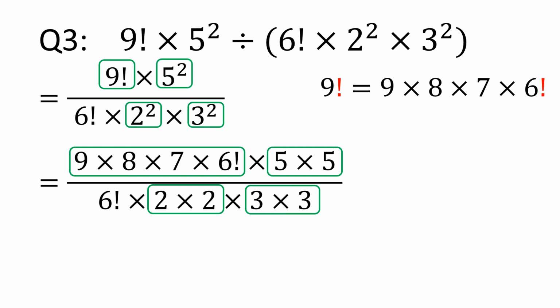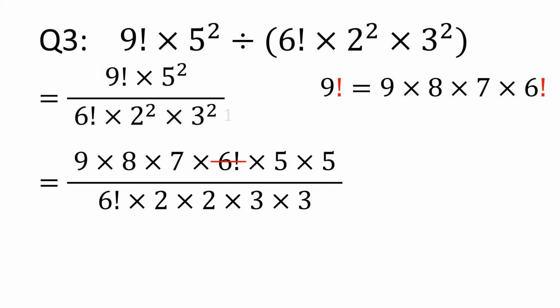Now we cancel the numerator and the denominator. Cancel 6 factorial in the numerator and the denominator, and they will become 1. Cancel 9 in the numerator and 3 times 3 in the denominator. They will become 1. Then cancel 8 by 4 in the numerator, which becomes 2.